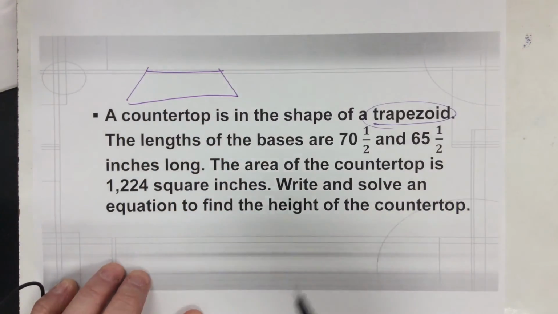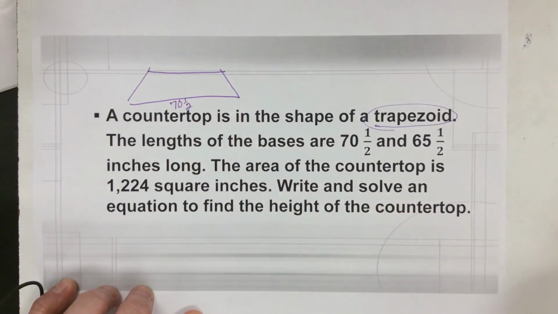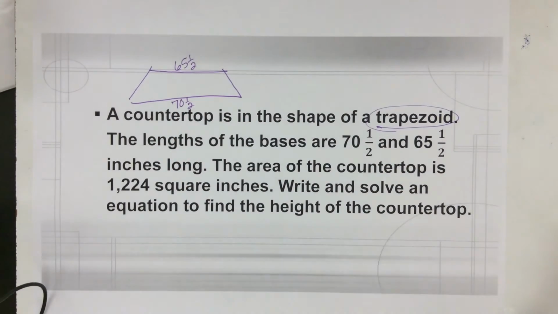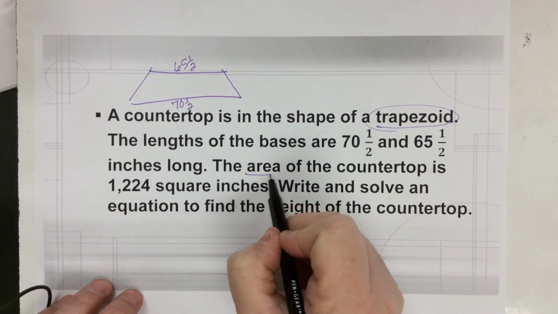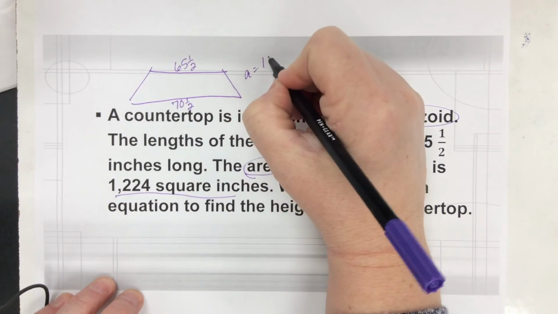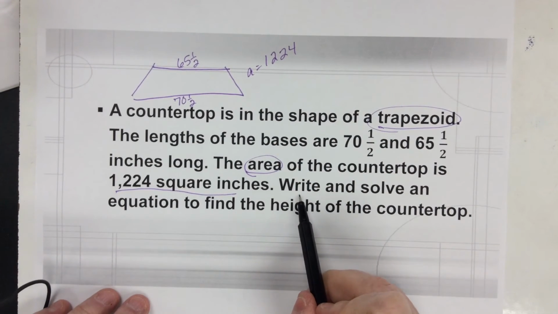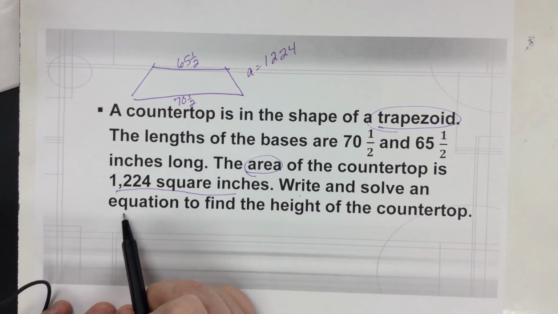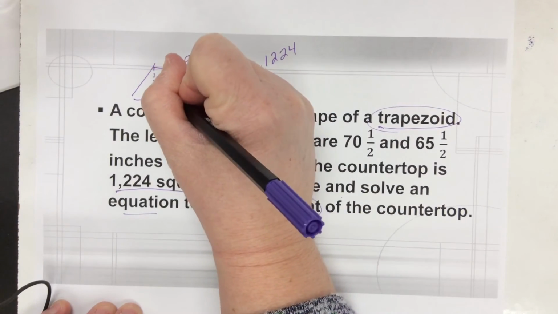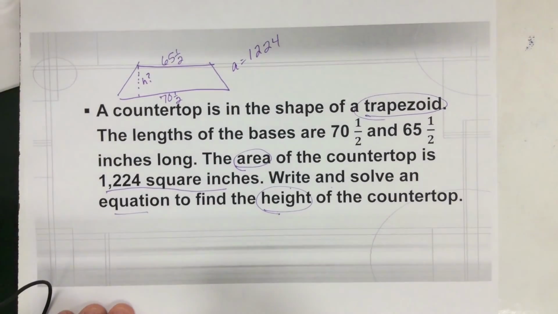The lengths of my bases are 70.5 and 65.5 inches long. The area is 1,224 square inches. We want to write the equation and then solve the equation to find the height. We do not know the height. Okay? So that's what we're going to work on.